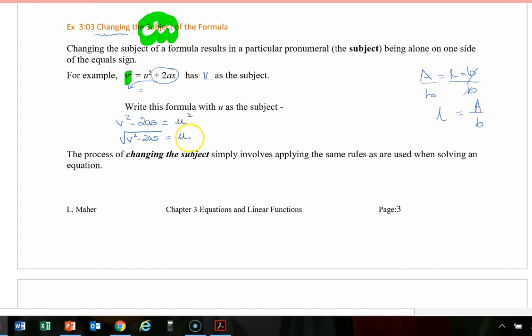It's fine to work with it on the right-hand side until we get it by itself, but then we would write it on the left-hand side and say that's exactly the same as U equals the square root of V squared minus 2AS. So the process of changing the subject, which is what this whole exercise is going to be about, simply involves applying the same rules as when you were solving an equation. This is like I have solved for you.